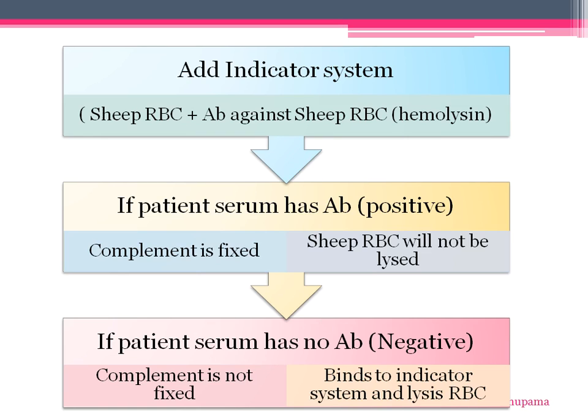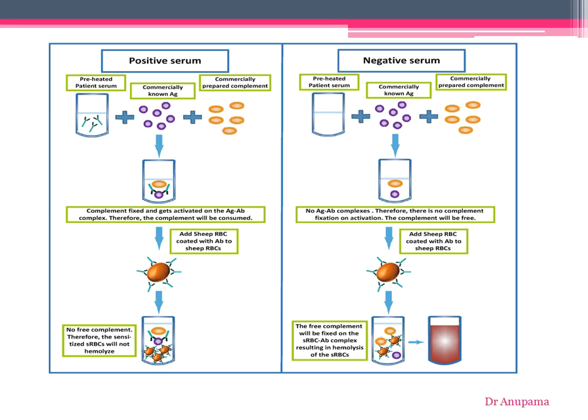So free complement is available, and when you add sheep RBC plus the antibodies to it, they agglutinate, and the available complement will bind to the sheep RBC, causing lysis of RBC. So lysis of RBC indicates a negative result, that is, the person doesn't have antibodies against the antigen.